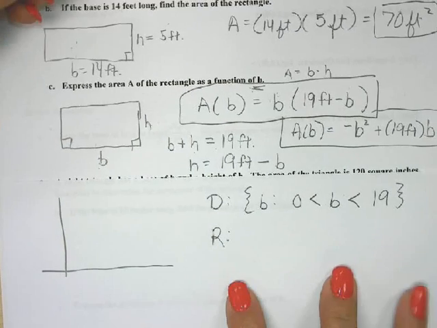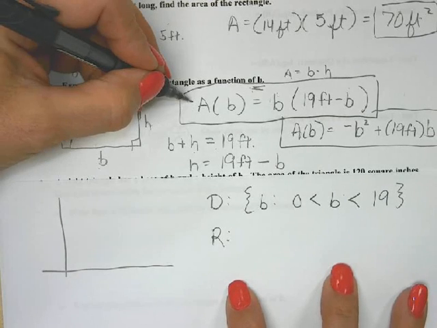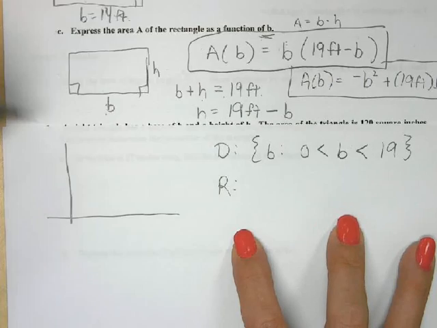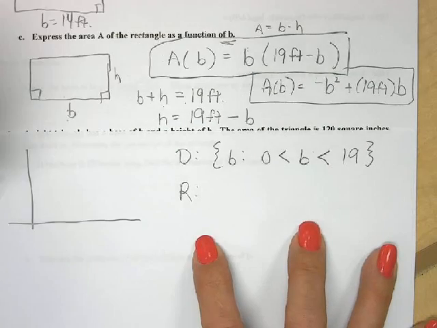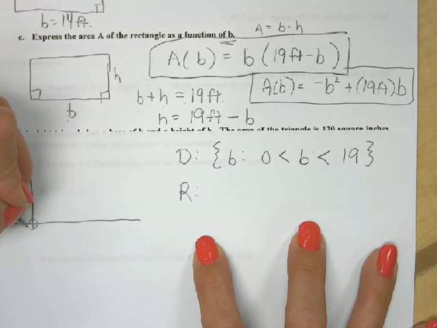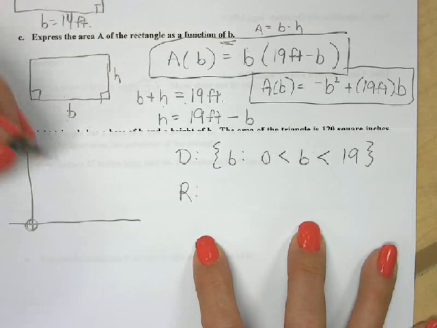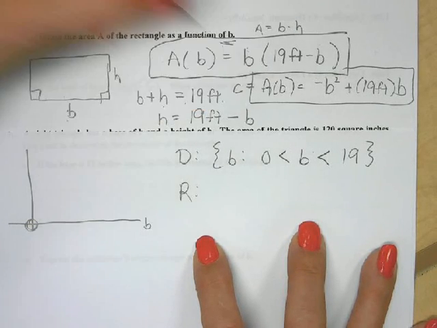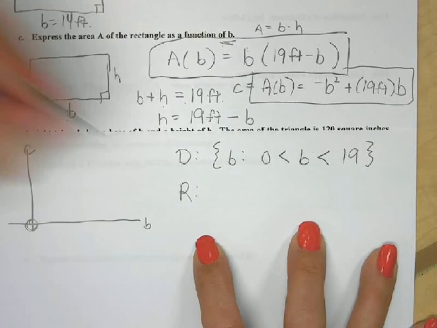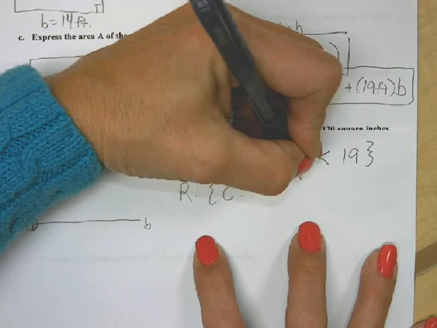Now, what about my range? My range on this function is what the area can be. It's a quadratic. I can see it has a negative lead coefficient, which means it bowls downward. I know I can't plug 0 in. If I could, I would have an area of 0. So here's my b-axis, and let's say I call the output c, and I call that the c-axis. So my range would be written in terms of the variable c.